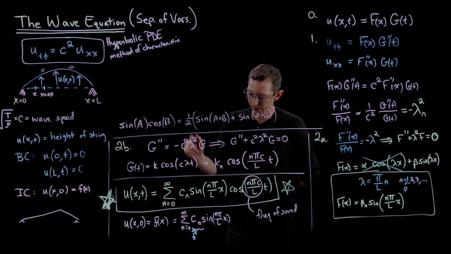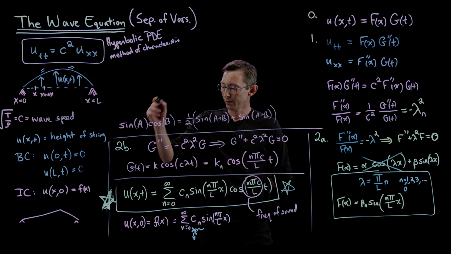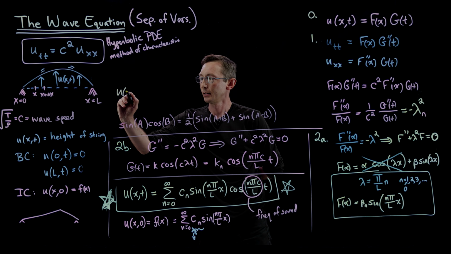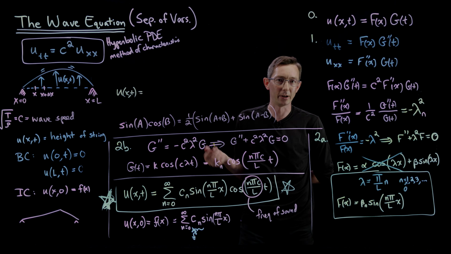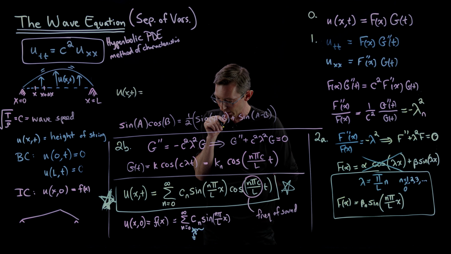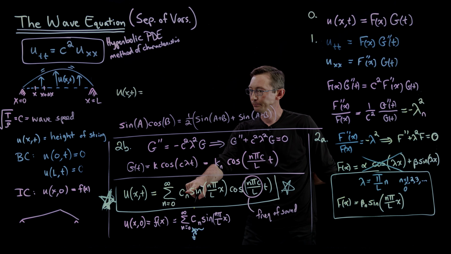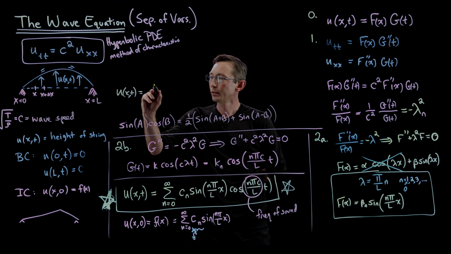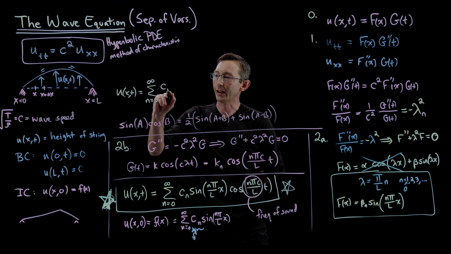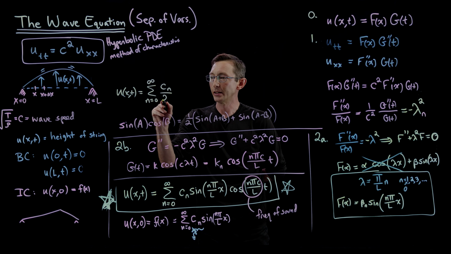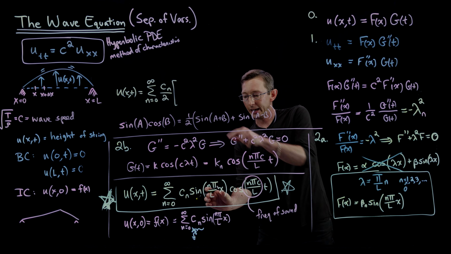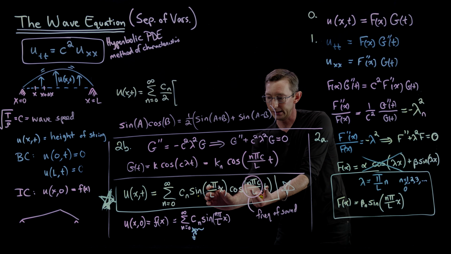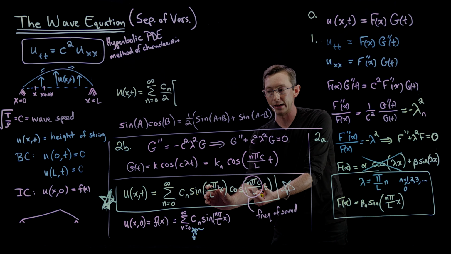Essentially, my solution is going to be u of x and t equals the sum from n equals 0 to infinity of that constant Cn divided by 2 times, now I'm going to have sine of this plus sine of this minus this.